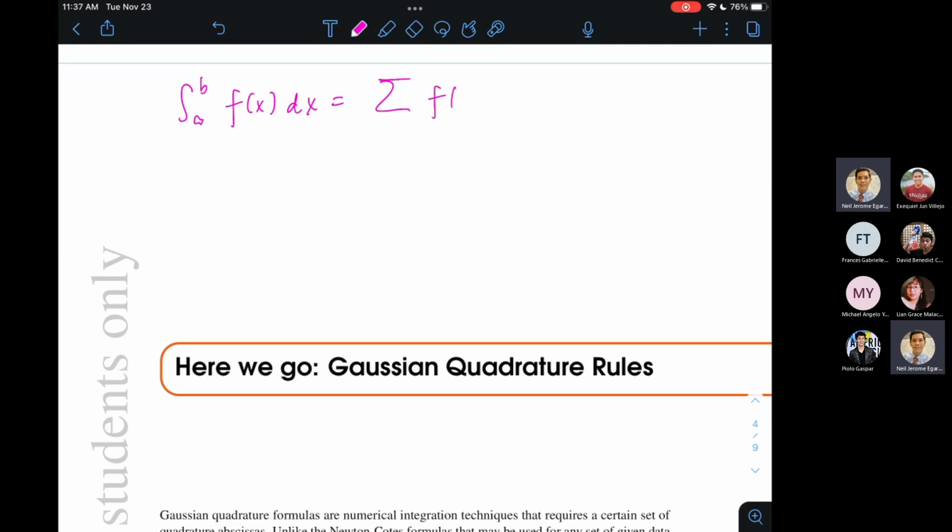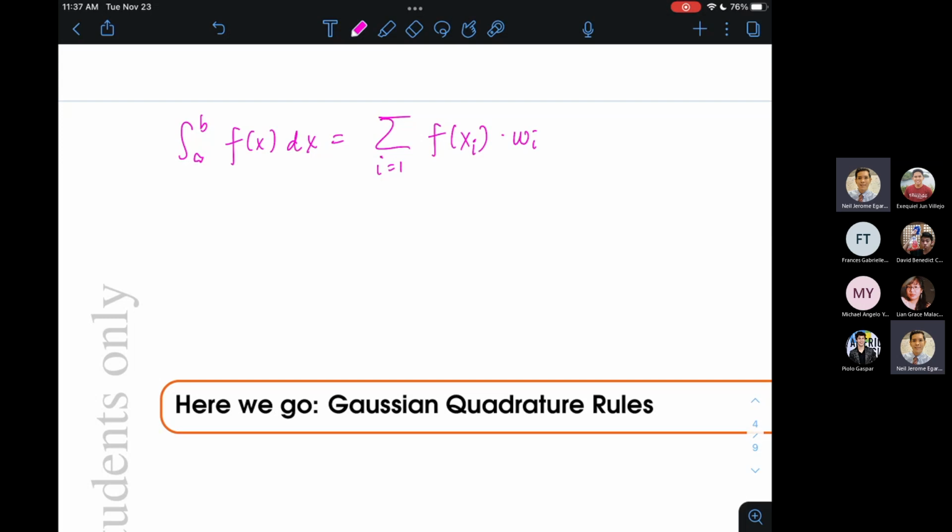So it takes the form function value at certain abscissas times some weights associated with each of the abscissas. You take the sum from 1 to n, where n is the number of points. And if you do that, you'll get an approximate for your definite integral. And we say this is a quadrature formula that uses n points or n plus 1 points.